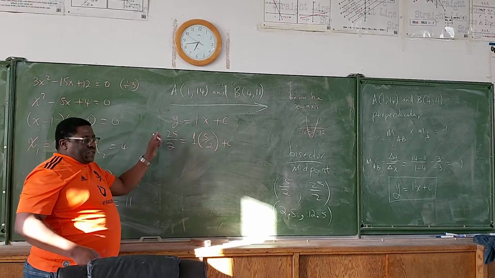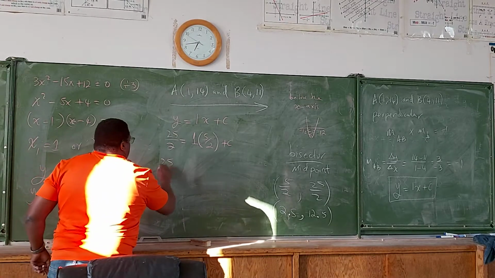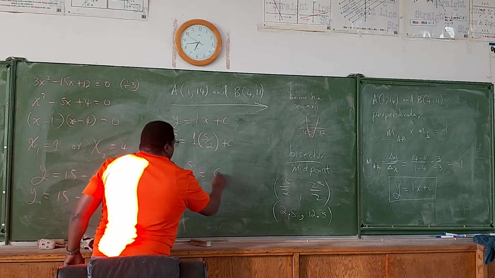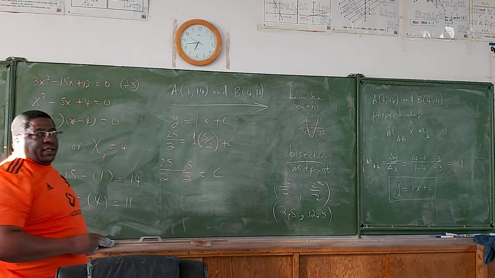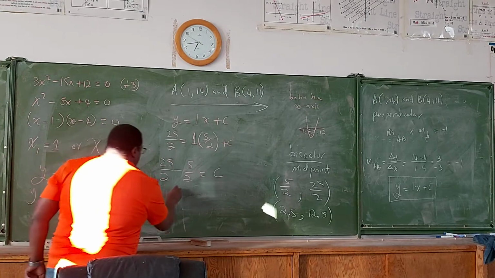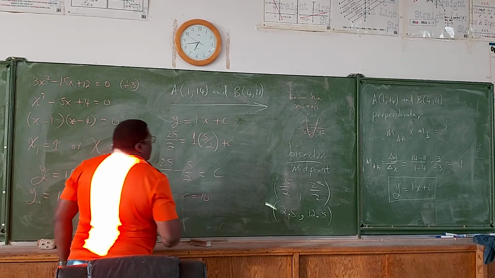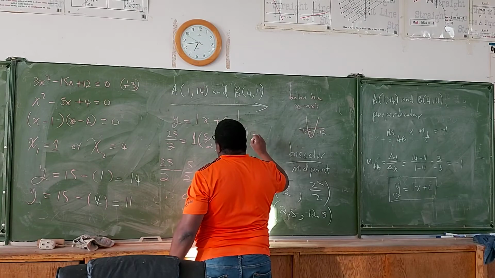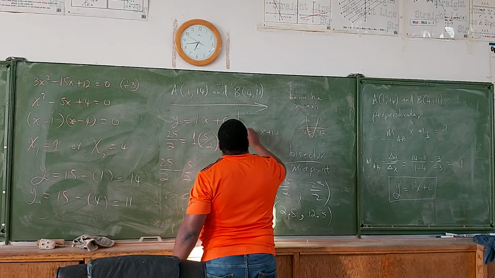Because this whole thing should be subtracted from that. So that's 25 upon 2, take away 5 upon 2. Okay, so that's value c. 25 minus 5 is 20. Half of 20 is 10. Therefore, c equals 10. So the equation that we're looking for is y equals x plus 10.